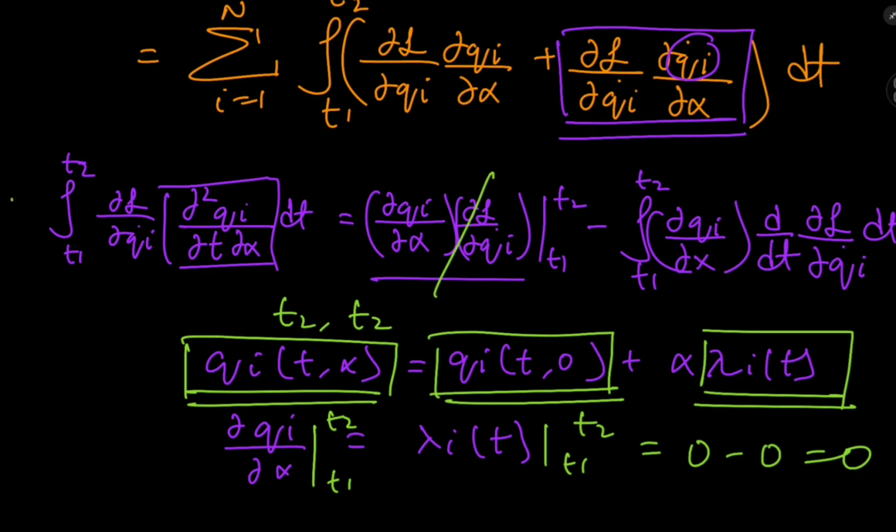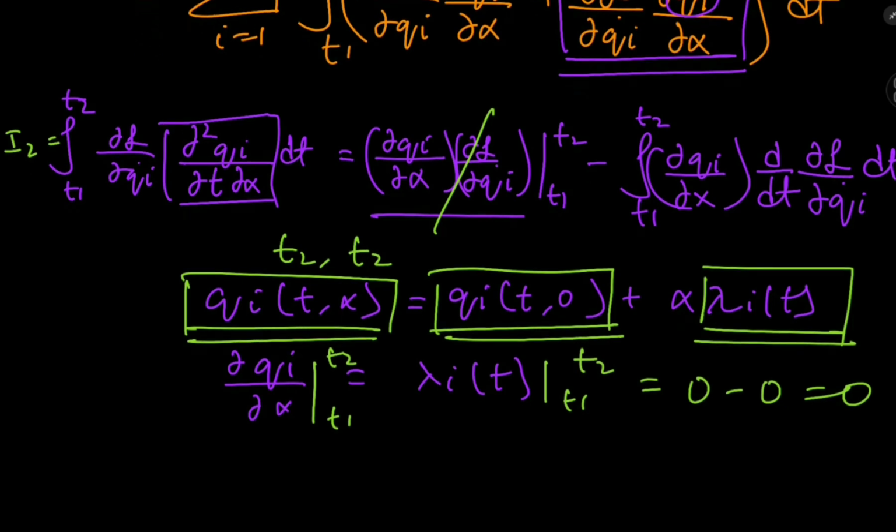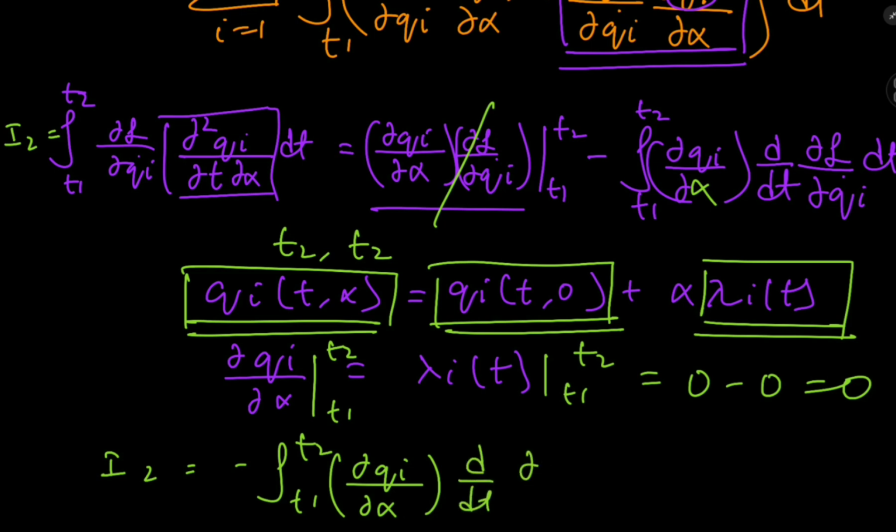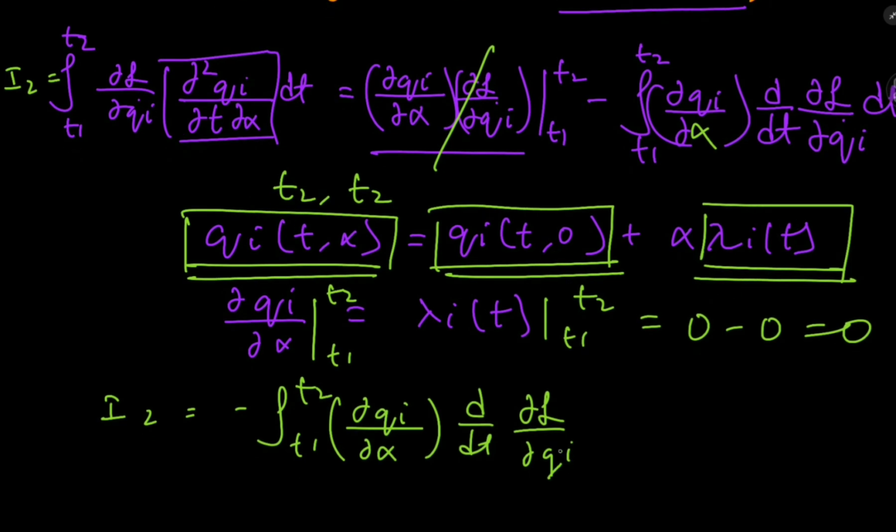So this means that the integral I_2, let's call it, I_2 equals negative integral from t1 to t2 of partial q_i by partial alpha, that's an alpha, not an x over there, times the time derivative of partial L by partial q dot i, dt.